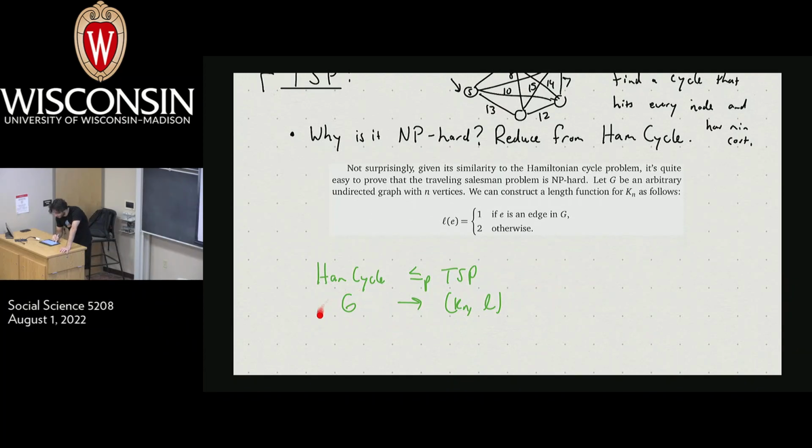But the original Ham cycle problem doesn't have to be complete. So the way we simulate completeness is by using an appropriate length function. If an edge is in the graph and is used, it costs 1. But if we tried to use an edge not in the original graph, we get penalized. It'll cost extra.